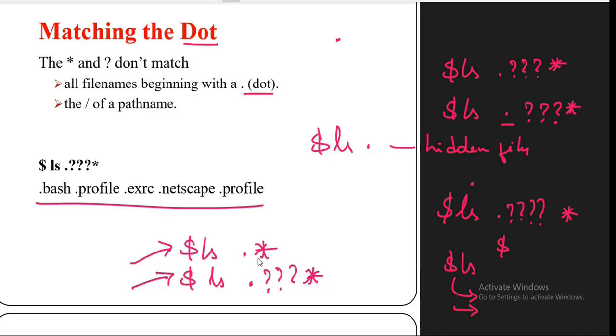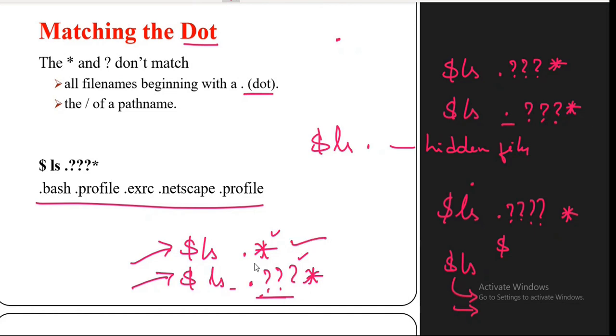Yes, try to understand. I told what the asterisk indicates, what this question mark indicates. Now how can you differentiate the output of these two commands? So this command tells that at least it should have a minimum of 3 characters, dot followed by 3 characters, then any number of characters. You are limiting that at least it should be 3 characters.